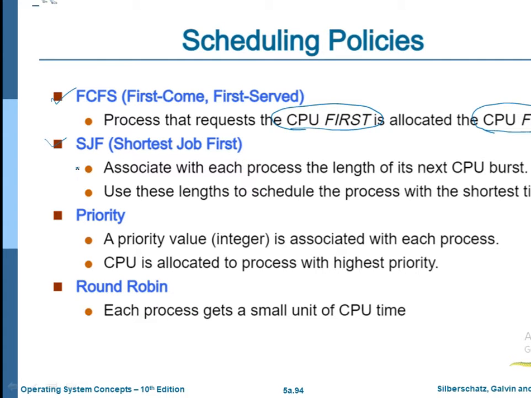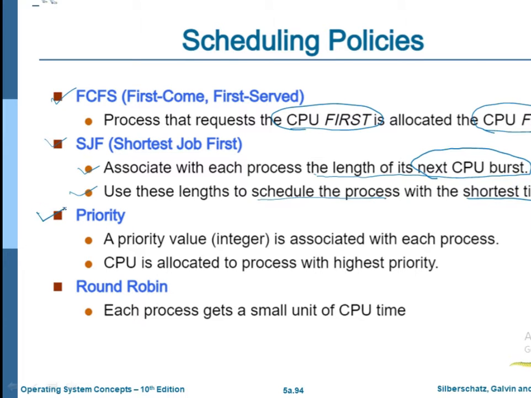With each process we consider the length of its next CPU burst required, that is how much CPU time the process will use, and using these lengths we schedule the processes which have the shortest time. The process which requires the shortest CPU time will get served first.